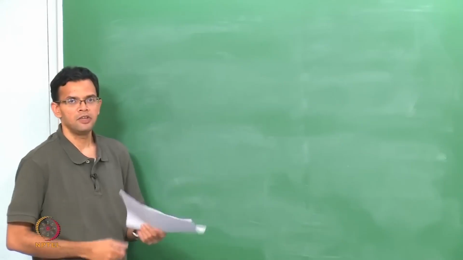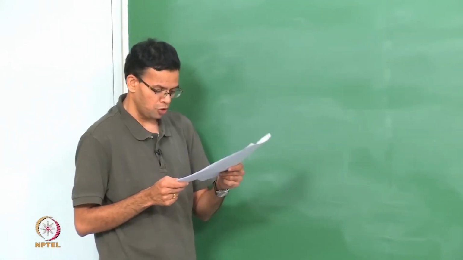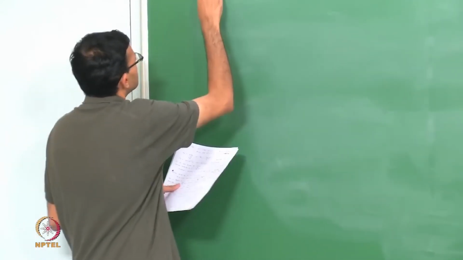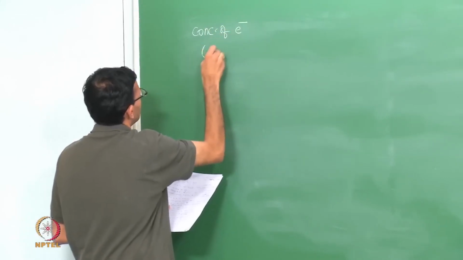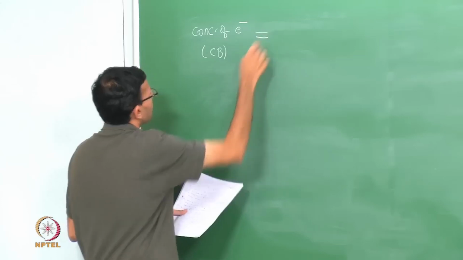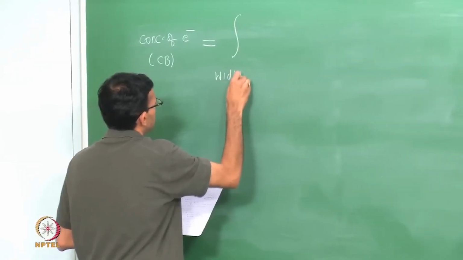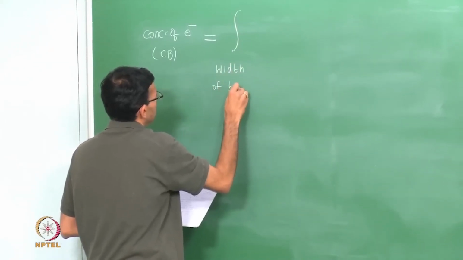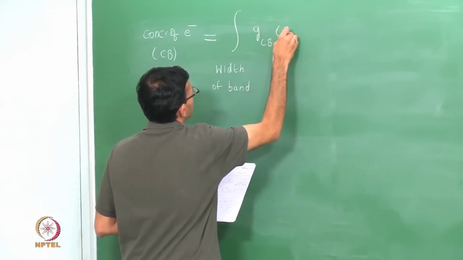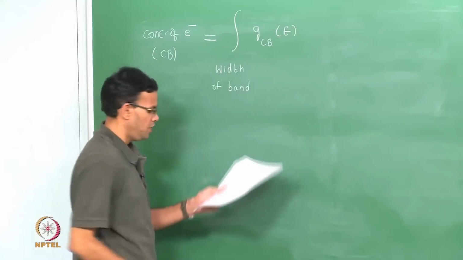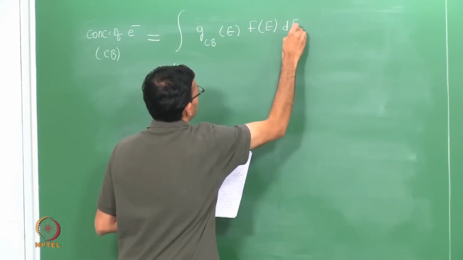In the last class we looked at the concept of the density of states and the Fermi energy. Putting those two concepts together, you can say that the concentration of electrons in the conduction band is nothing but the integral over the entire width of the band of the density of states in the conduction band, which I call GCB of E, times f of E dE.